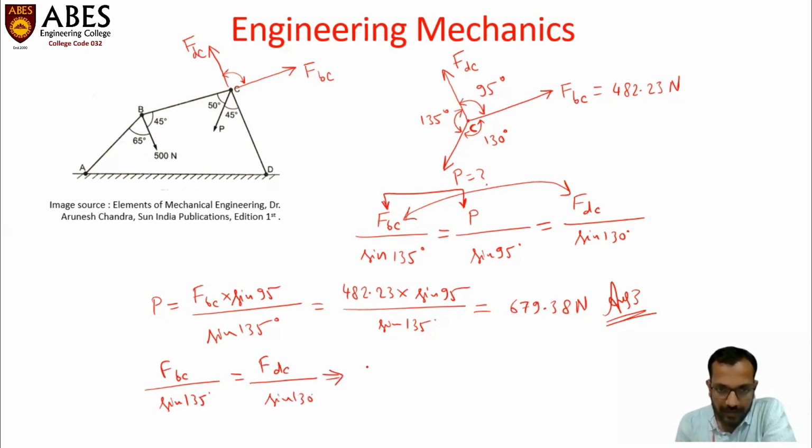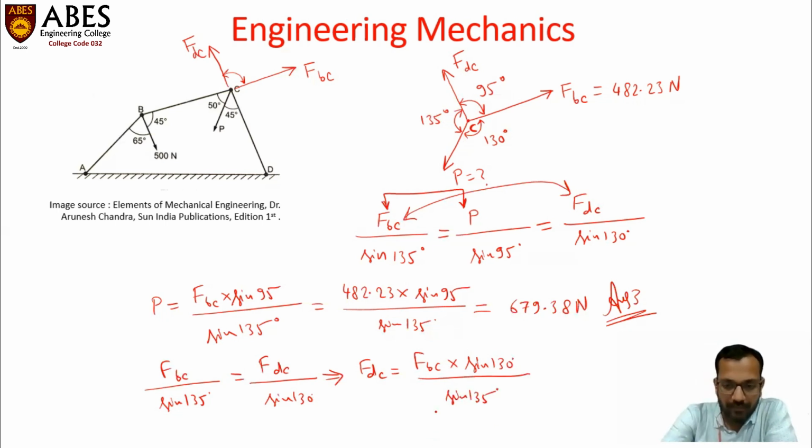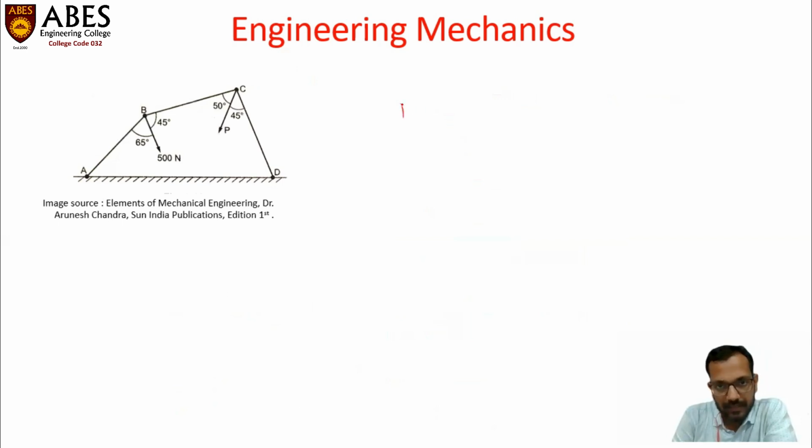Implies that FDC is equal to FBC multiplied by sine 130 upon sine 135 degrees. By calculation, we can conclude that FDC is equal to 522.42 newtons. That is the last one, the fourth answer.